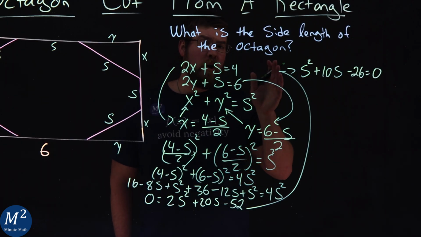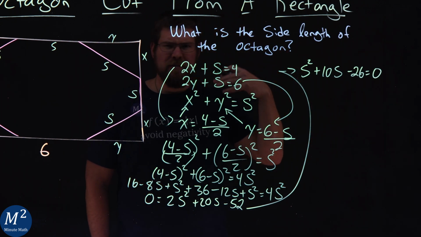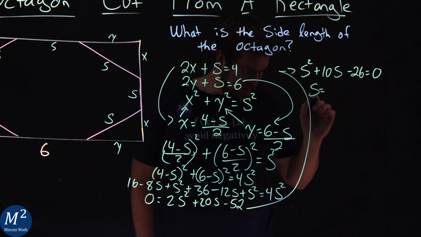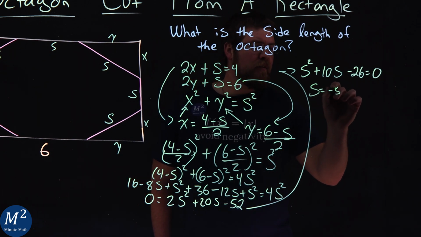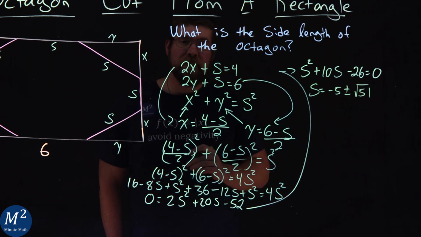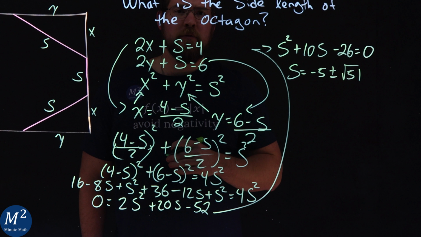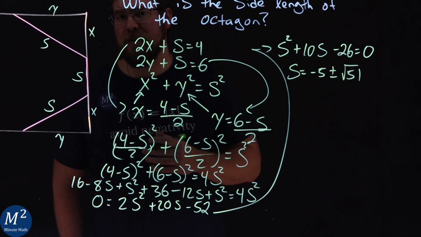Now using the quadratic formula, I'm going to get S by itself, and I did the work for you here. S equals negative 5 plus or minus the square root of 51. Well, we have two values for S here. Can they be negative? No, we can't really have a side length that is negative.